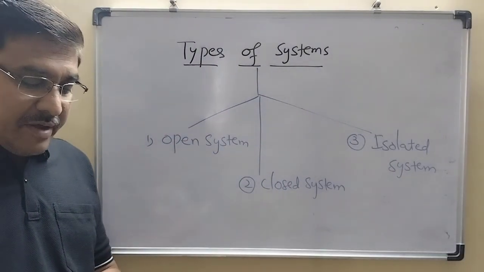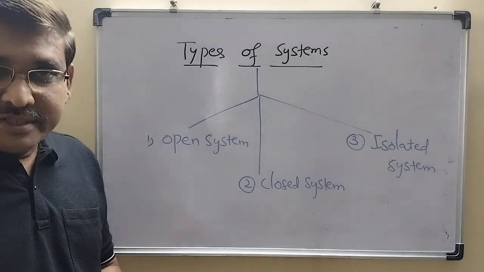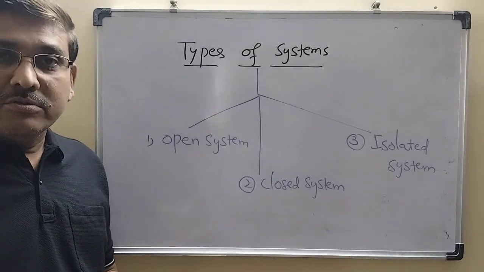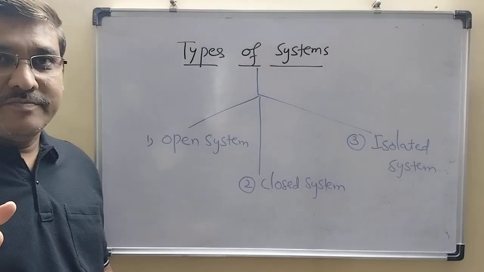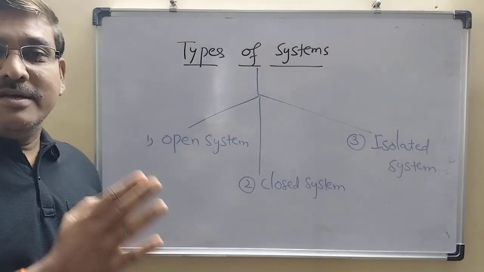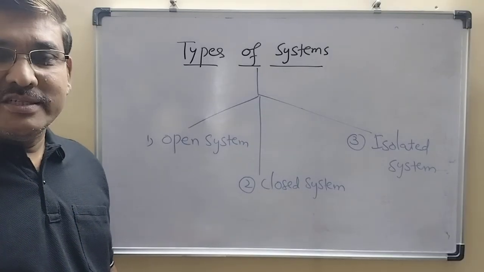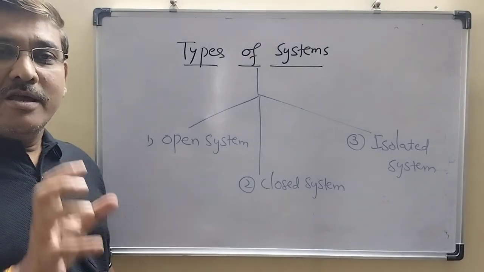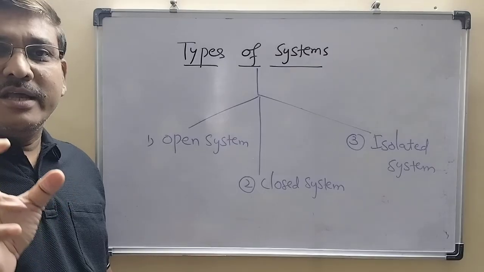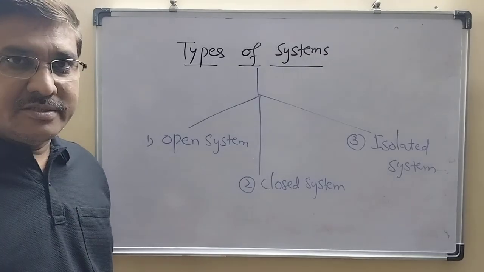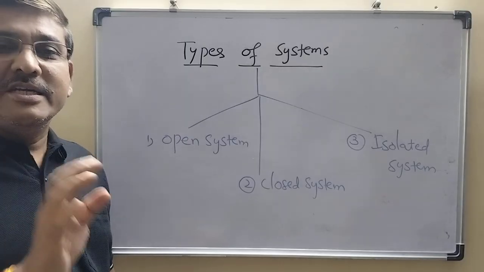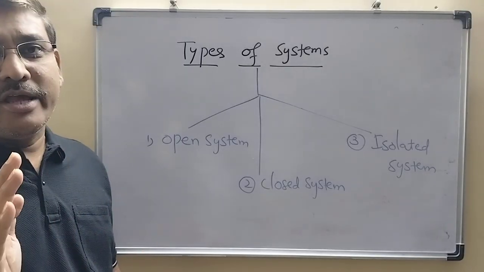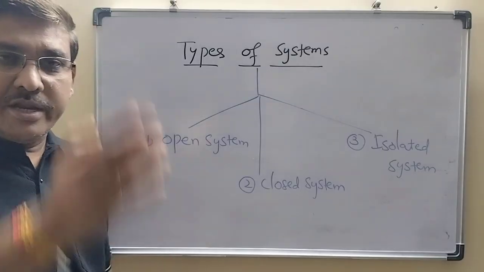So in the previous session we have seen about the system and surroundings. System and surroundings collectively known as universe. Both system and surroundings are part of the universe. The transfer of energy takes place from the system to the surroundings by means of a boundary.